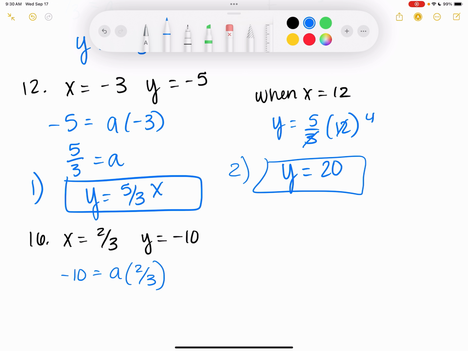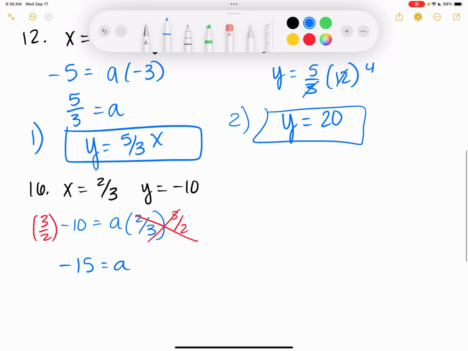So what is a? -15, we'd multiply by 3/2. So then I get -15 equals a. Good job. So my equation, y equals -15x.